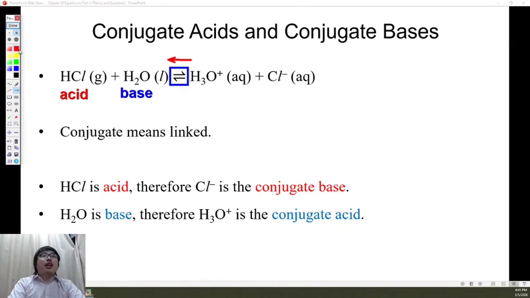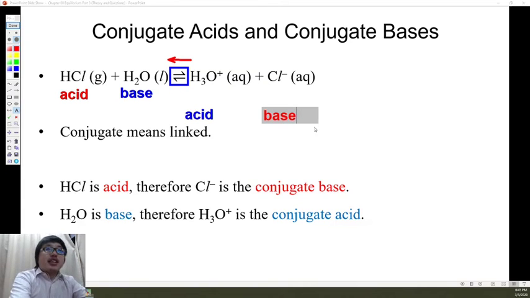Because H3O plus becomes H2O, it is an acid, because it donates the proton to form H2O. Because Cl minus accepts the proton to form HCl, it is the base.